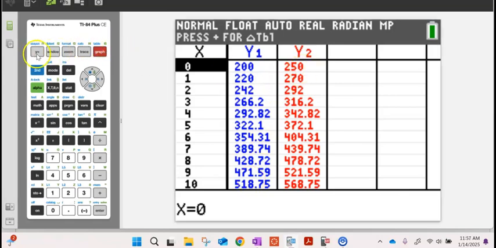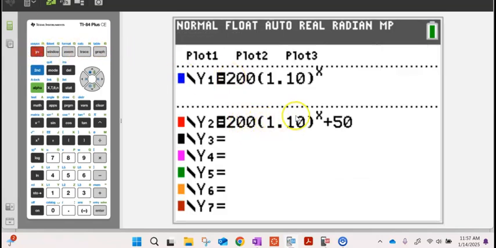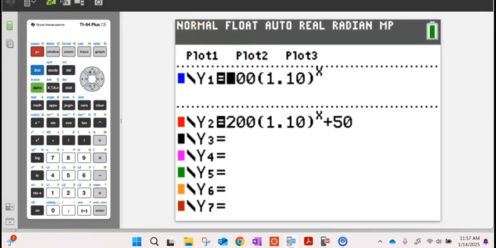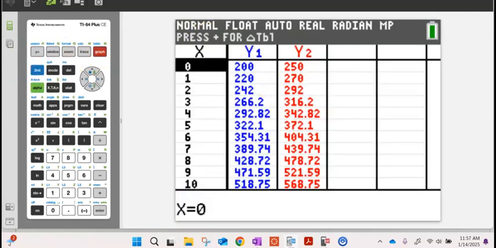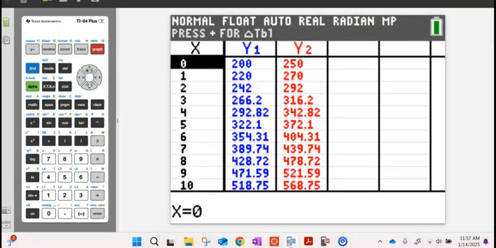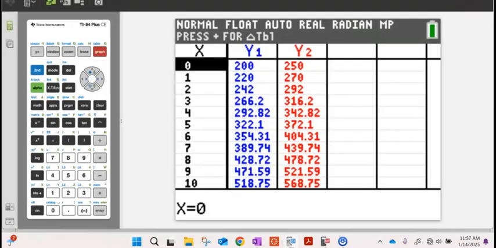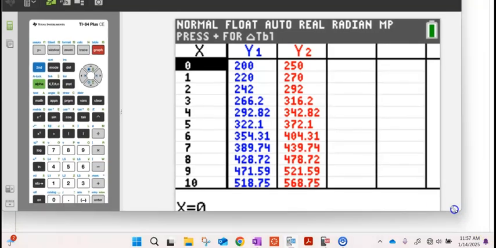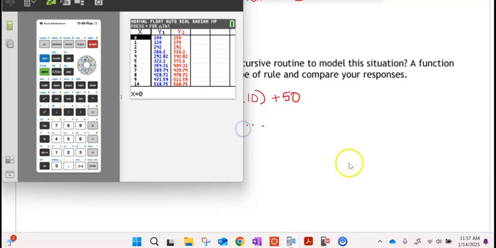Now, if I look here at this equation, I took what people would probably do: let me take that function rule and just add 50 each month. But if I do that and I look at the table, let's put them side by side. Let's see right here if I can get this to incorporate.